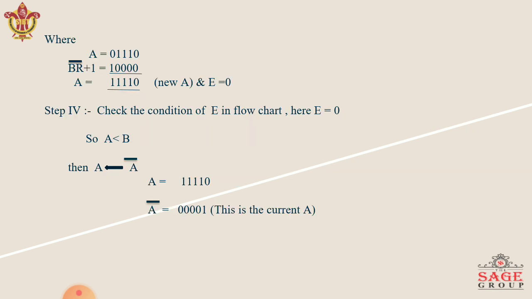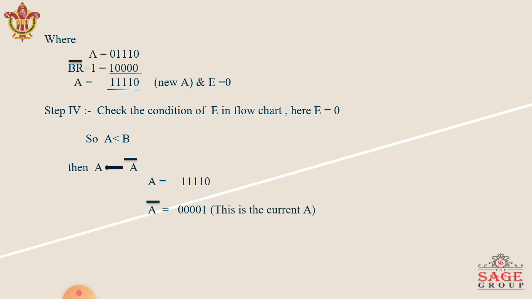What is the value of A? A is simply 0, 1, 1, 1, 0, and B bar plus 1 is 1, 0, 0, 0, 0. If we add both the values, then we get 1, 1, 1, 1, 0. This is our new A stored in A, and here the value of E is 0 because there is no carry. So the value of E is 0.